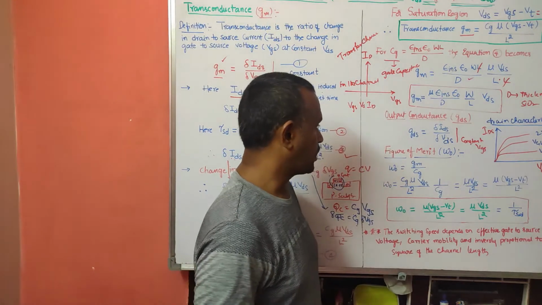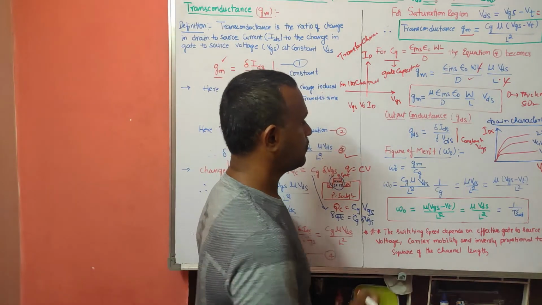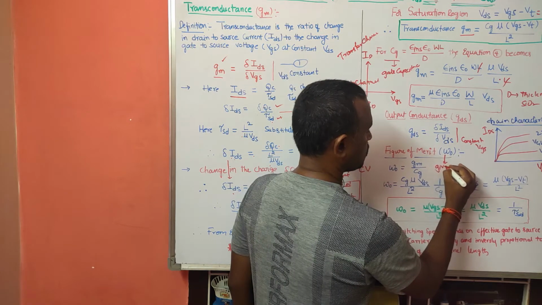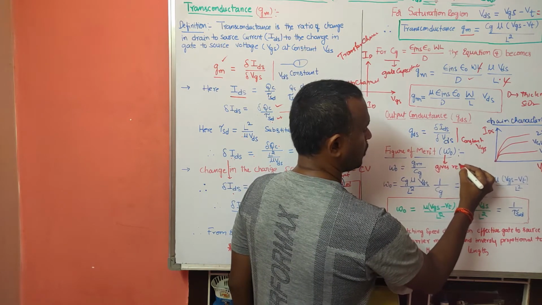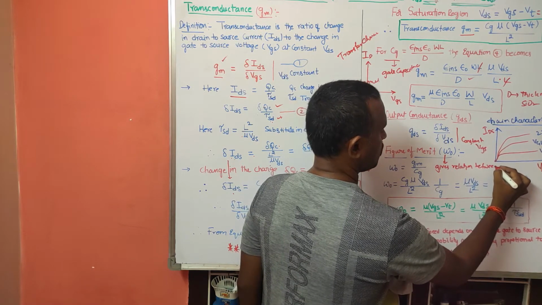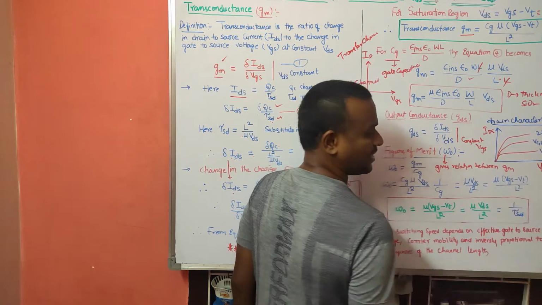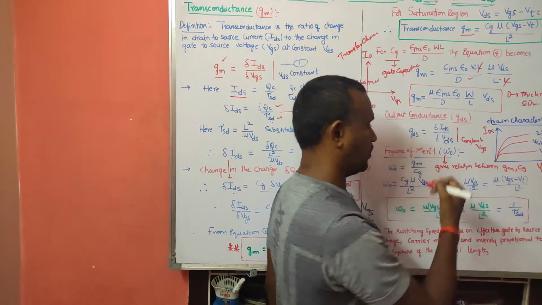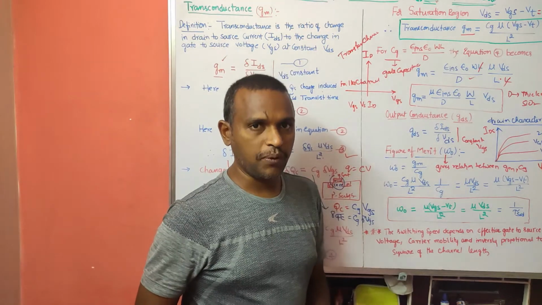The figure of merit gives the relation between Gm, that is transconductance, and the gate capacitance Cg. So what is the figure of merit here?